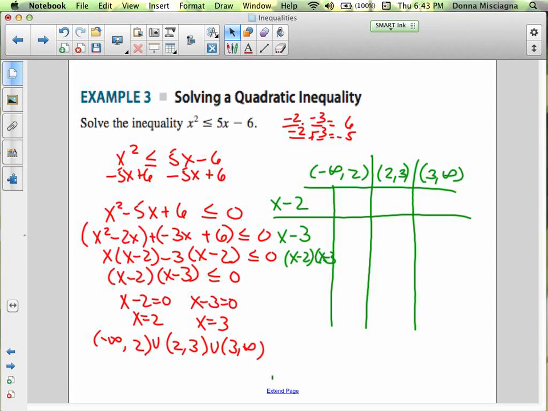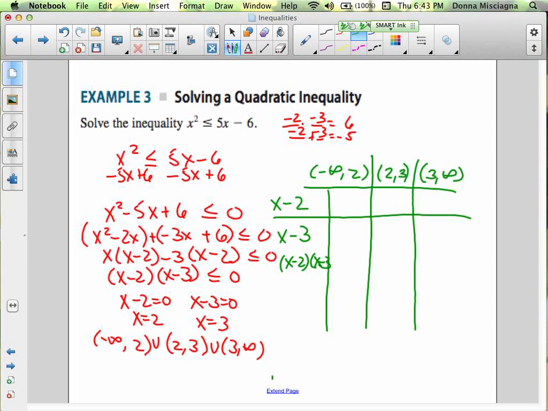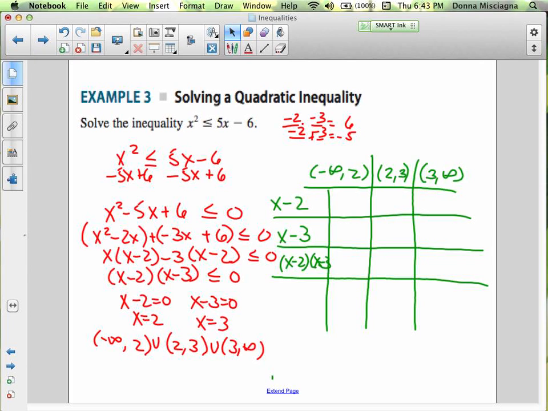I need more space, or I need to write smaller. All we're doing here is checking the signs. I have lots of space here at the bottom for each of the intervals.